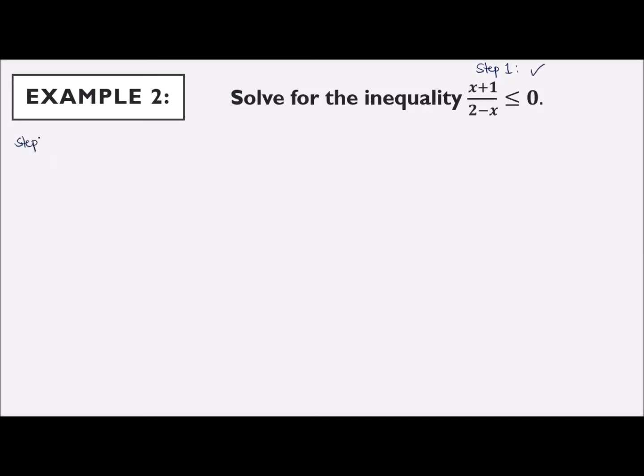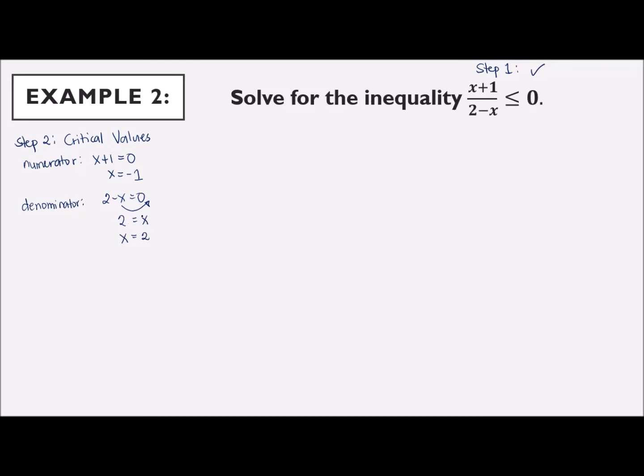So step 2 now. In step 2, we need to get the critical values. So let's take the numerator. In the numerator, we have x plus 1 is equal to 0. So x is equal to negative 1. Then, our denominator is 2 minus x is equal to 0. If we want to make life easier, because the x here is negative, so we don't have a longer process, we need it to be positive, so let's just move it. So, in short, x is equal to 2.